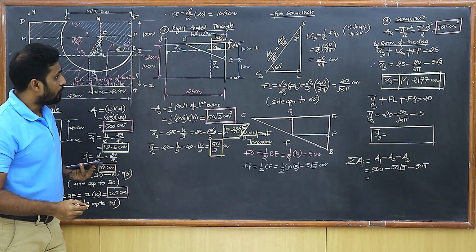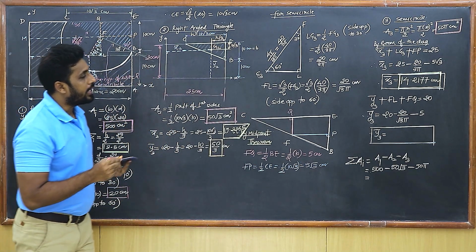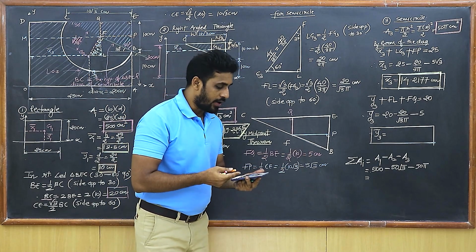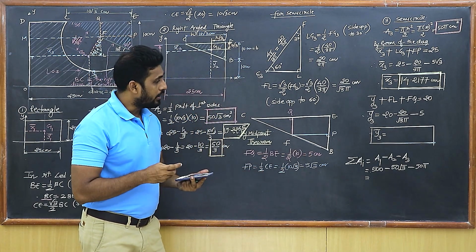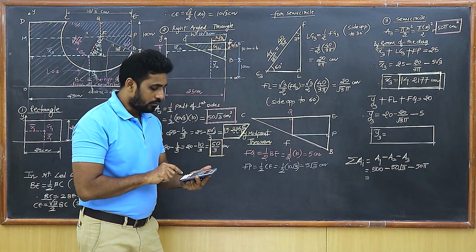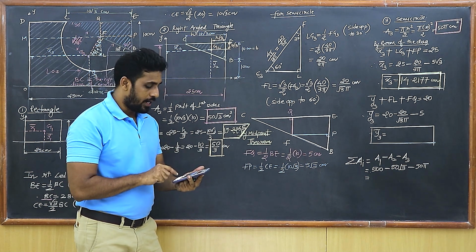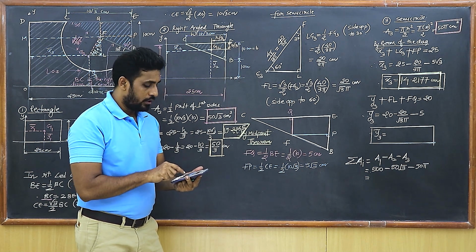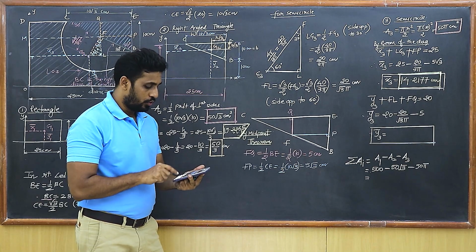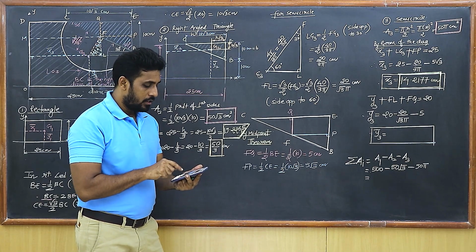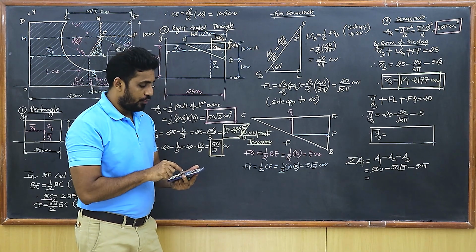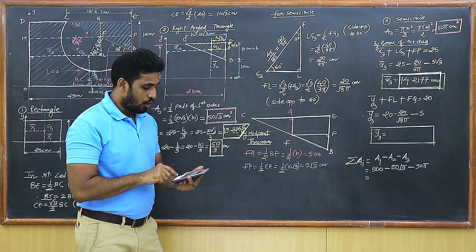That's Y2 bar, and then I need to get Y3 bar. Y3 bar is going to be 20 minus 20 upon root 3 pi, then minus 5.